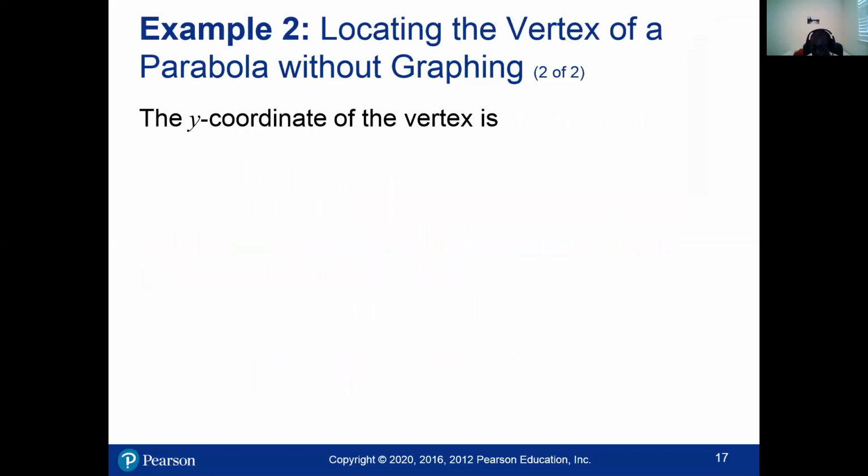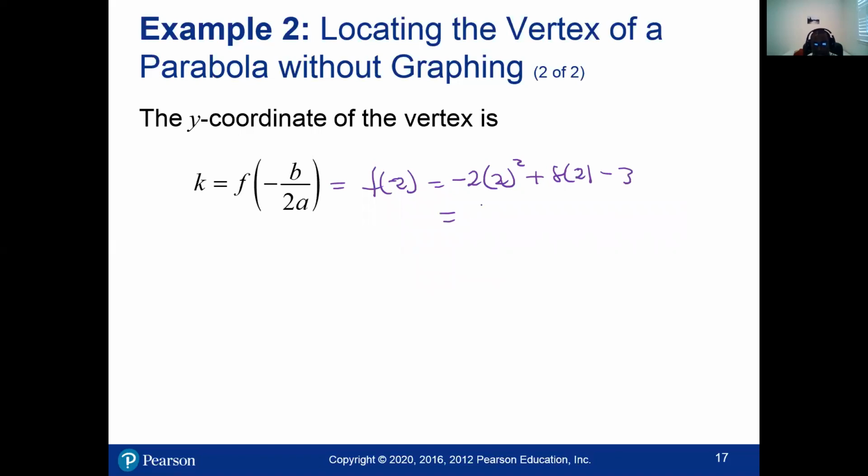The y coordinate is k, which is equal to f of 2, that's what we just calculated. So we have minus 2 times 2 squared plus 8 times 2, then minus 3. This gives us negative 8 plus 16 minus 3, and that's the 5 we got.